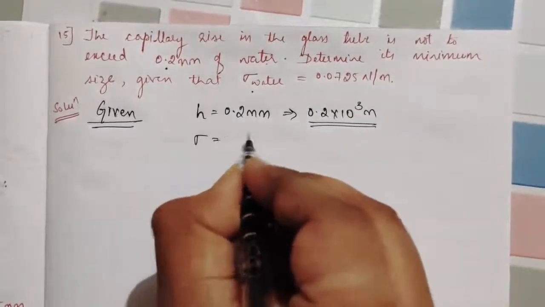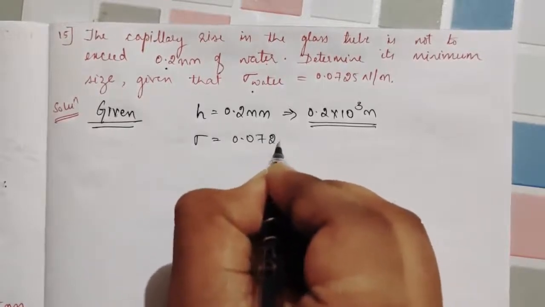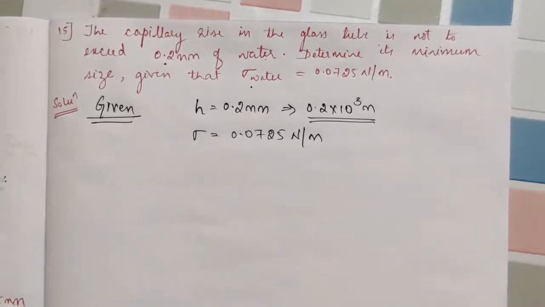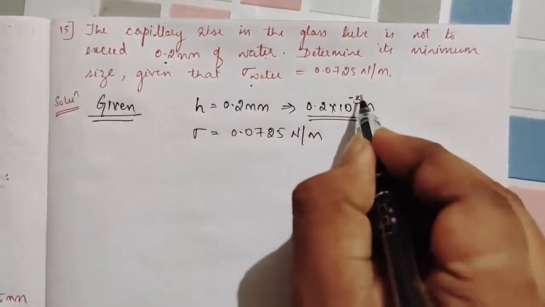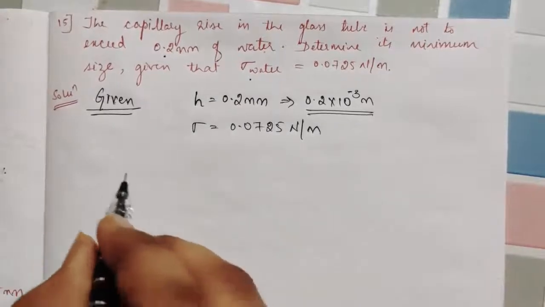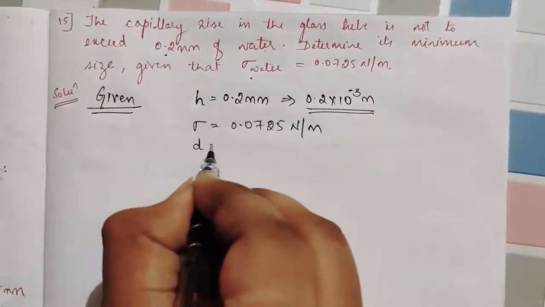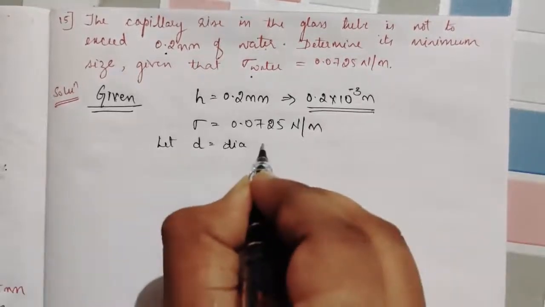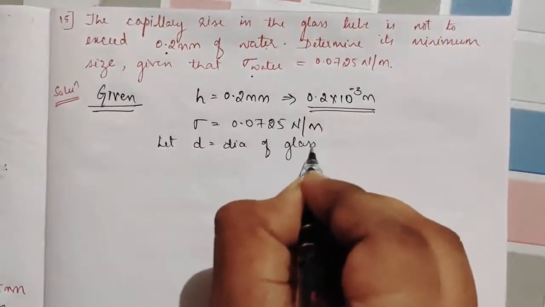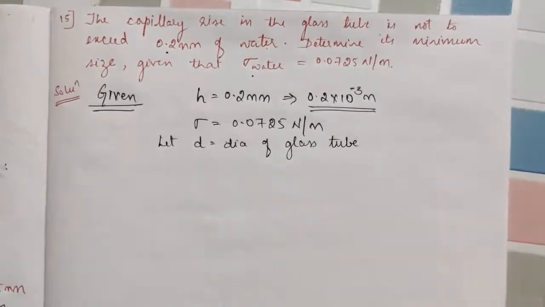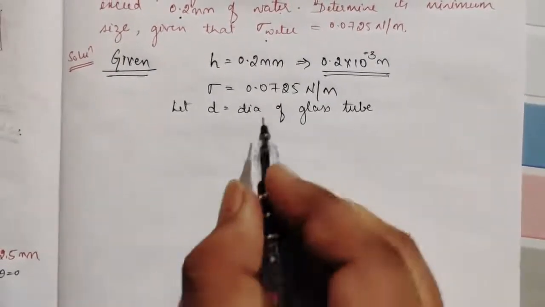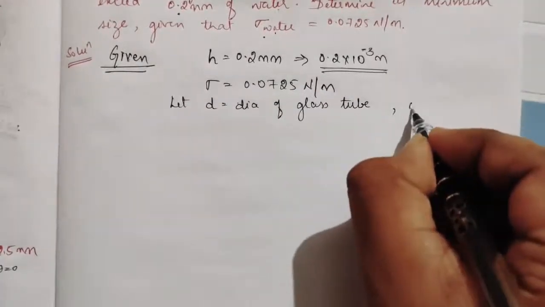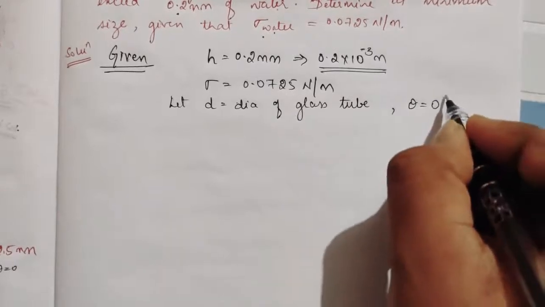Now sigma is 0.0725 Newton per meter. Let D be the diameter of the glass tube. We have only one formula, we just have to substitute in that. It is with water, so theta is 0 degree.